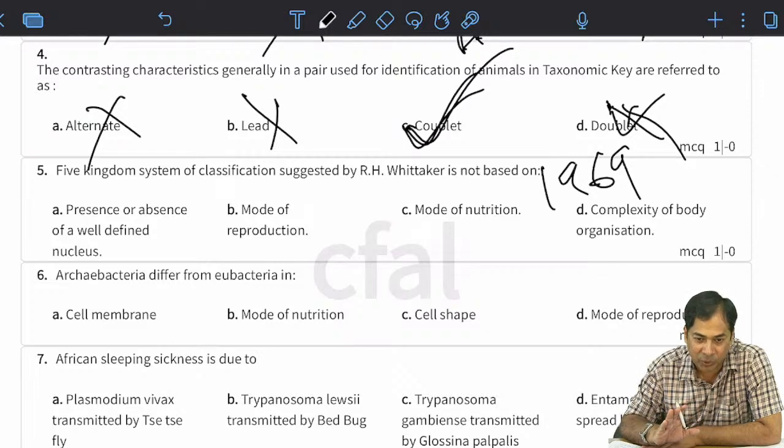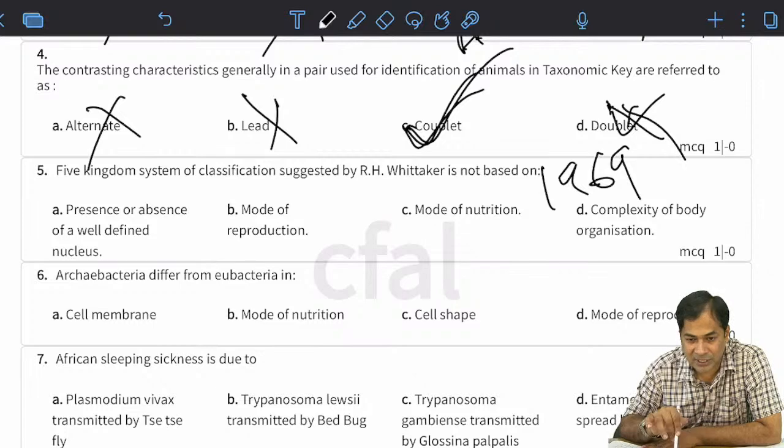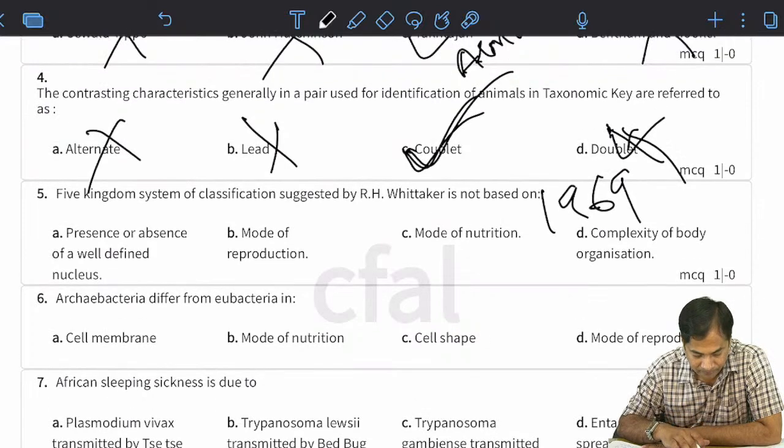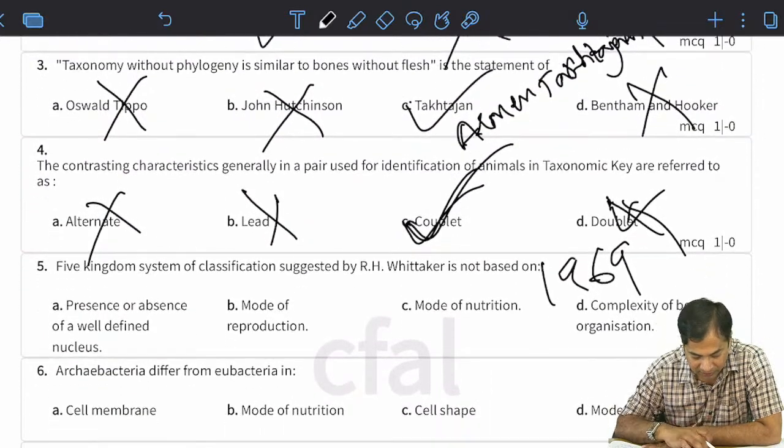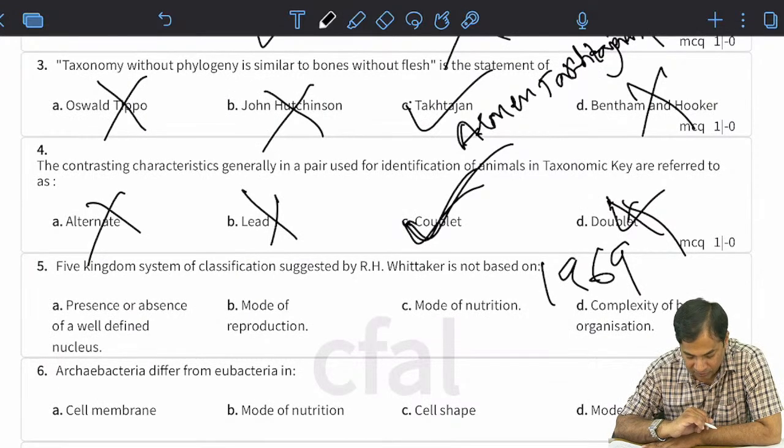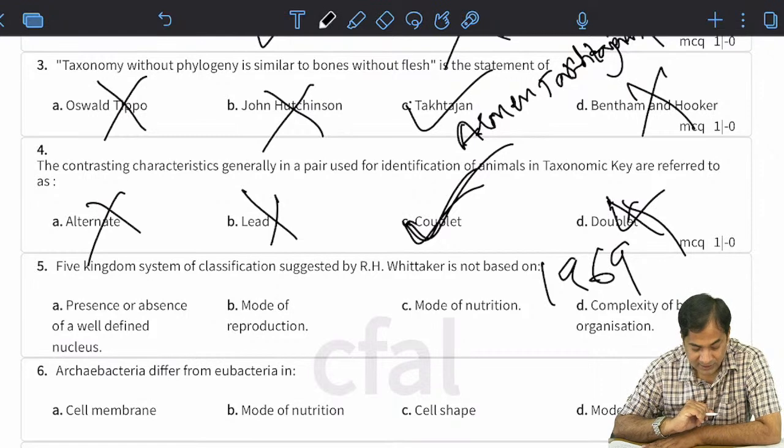That is an approach. Before you come to the conclusion that a particular option is correct, you have to give reasons or justification why the remaining 3 options are wrong. So you will have to explain why the remaining 3 options are wrong. So, the 5 kingdom classification suggested by R.H. Whittaker is not based on, they are saying, what is not considered there.